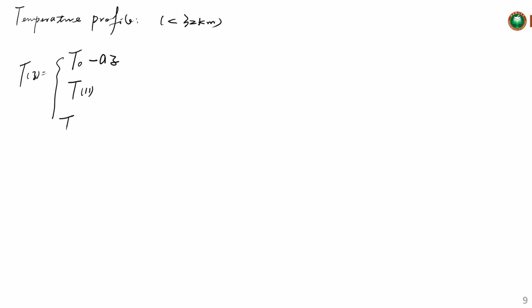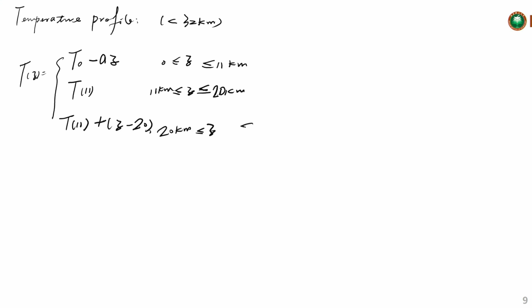The third one increases, for theta larger than 20 kilometers and smaller than 32 kilometers.